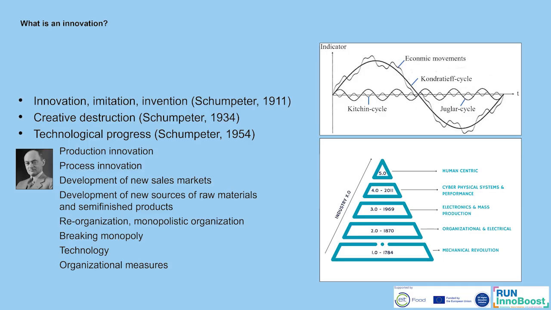Monopolistic organizations are, for example, AT&T, which was the leading technology provider in the US, and it was broken up in the 80s, and a lot of smaller telephone service providers entered the market and broke down this monopoly.